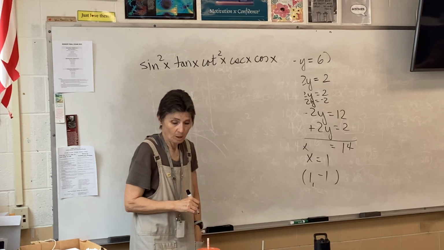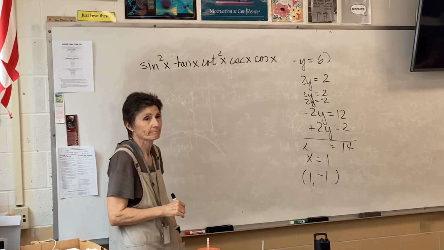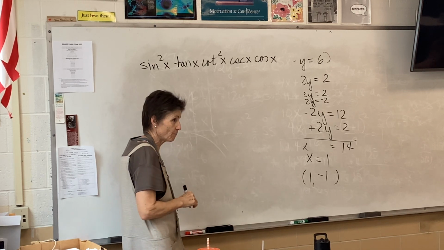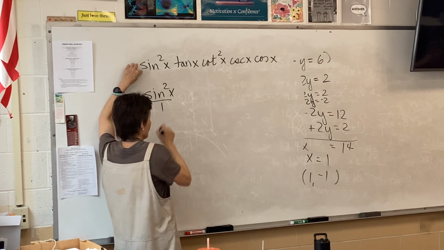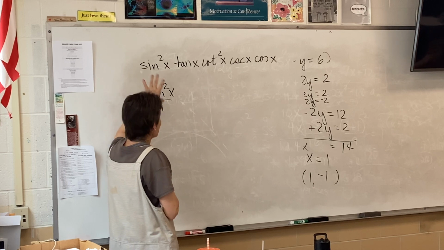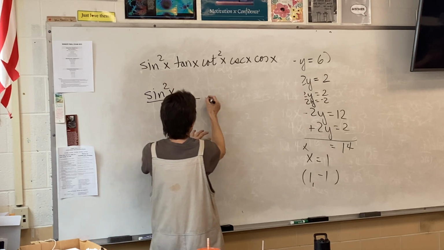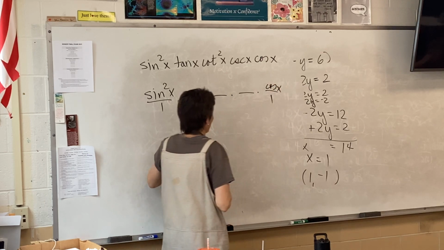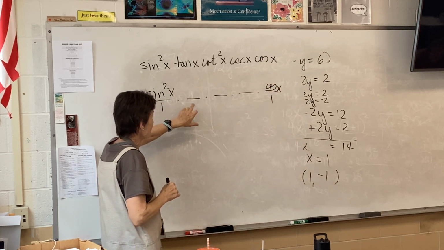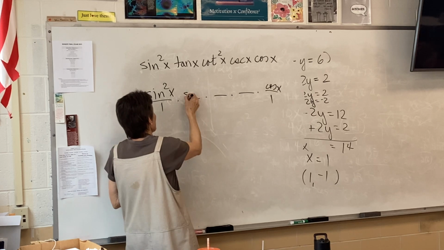What do I do with this? Turn them all into fractions. Now, if it's a sine, I just put it over 1, I'm gonna try and keep everything lined up here. So that's a cosine, so it's just over 1. Now, what's tangent? Sine over cosine.